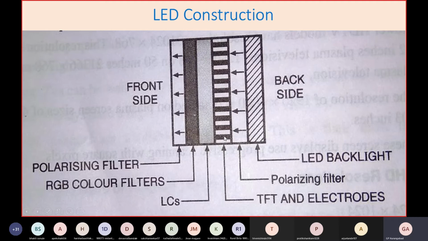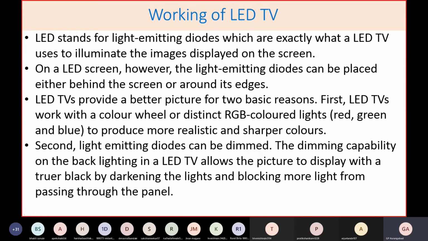Then there are the TFT and electrodes, which means thin film transistors, which apply potential to this LCD, and based on this potential, the degree of twisting is decided. Then here you have RGB filters. When the light is incident on the corresponding RGB filter, you get a certain light, and that light is illuminated in front. This is the way the LED TV works.